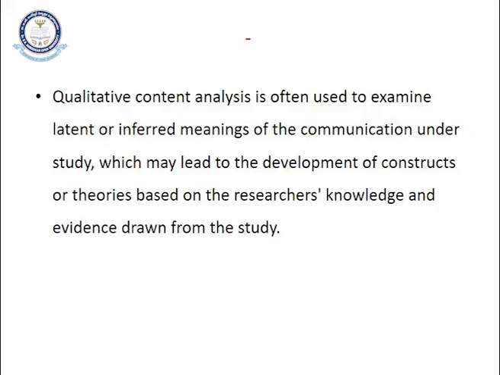Qualitative content analysis is often used to examine latent and inferred meanings of the communication under study, which may lead to the development of constructs or theories based on the researcher's knowledge and evidence drawn from the study.